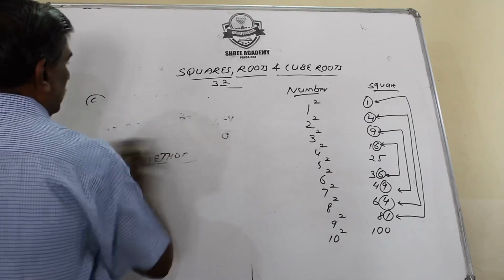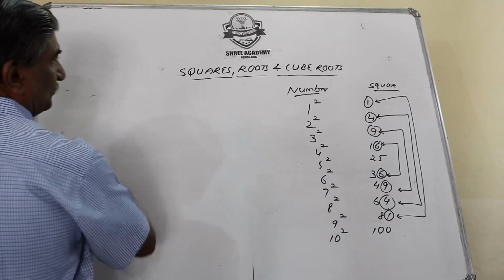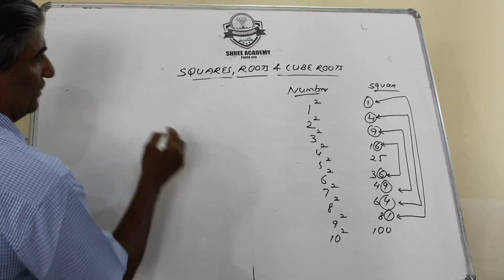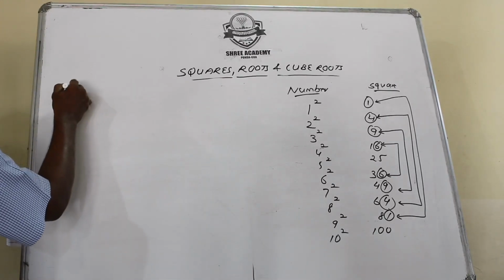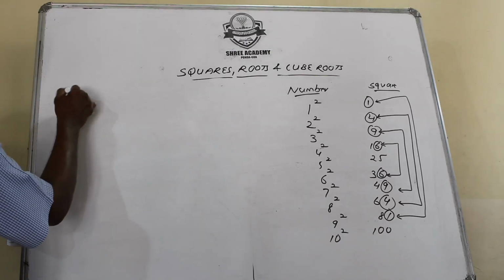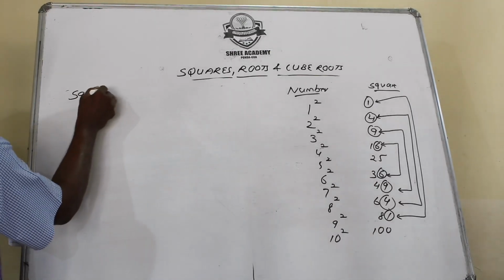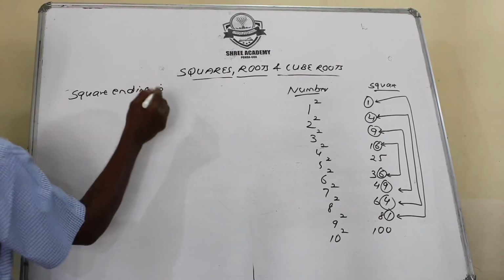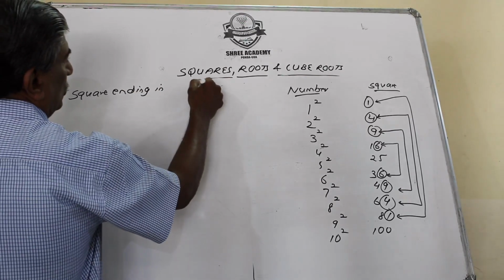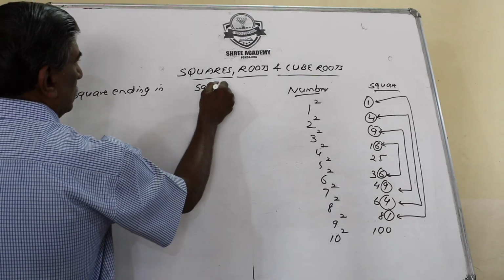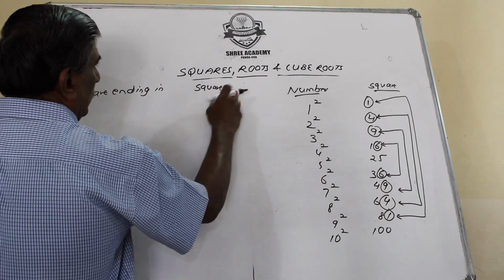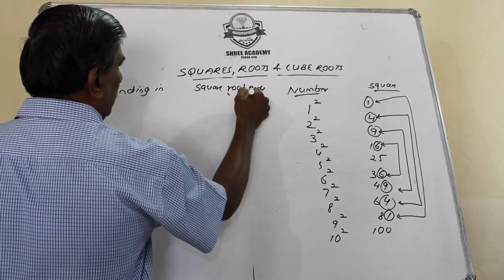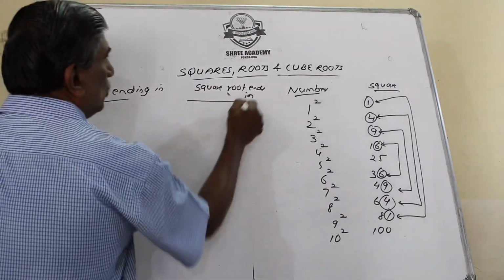This means that whenever a square ends in, we will say, square ending in, and the square root ends in. So we will make a small table.